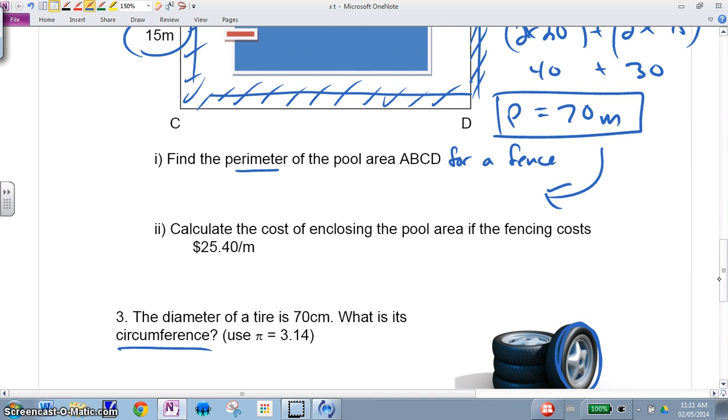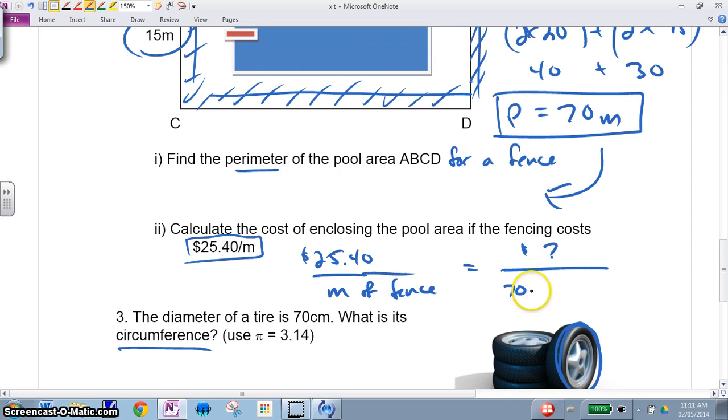If we were to calculate the cost of that fencing, then we're given a rate. The cost, we're given that it's $25.40 per meter of fence. And I'm going to suggest we set up a proportion here. We don't know the total cost for 70 meters of fence, right? We've got those two equivalent ratios.